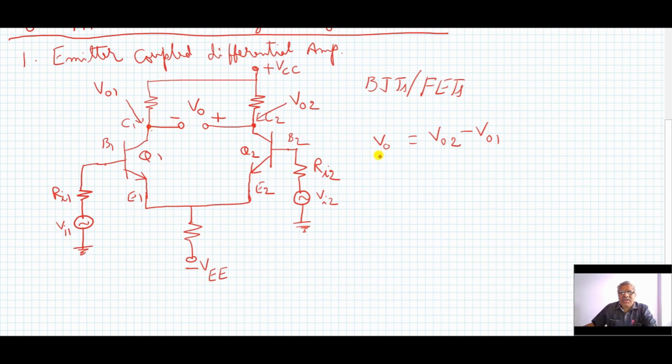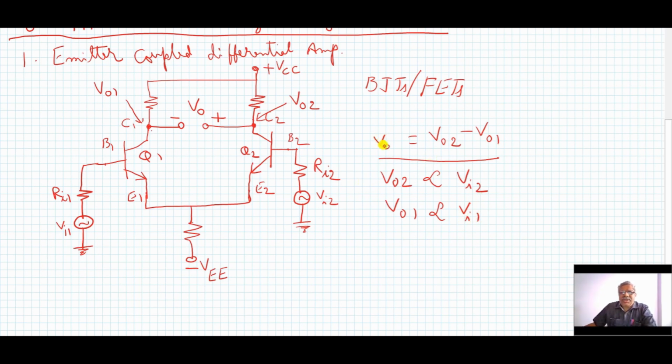So V0 is equal to V02 minus V01, where V02 is directly proportional to Vi2, which is the input we applied at the base of the second transistor, and V01 is directly proportional to Vi1.